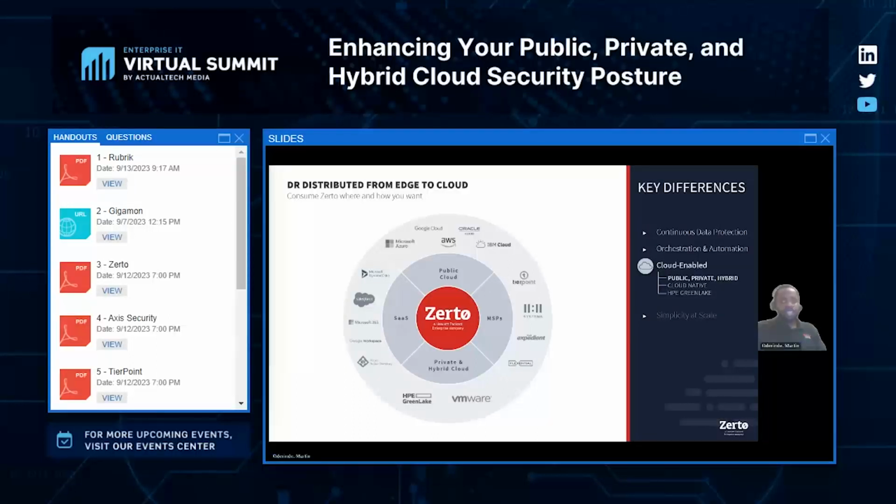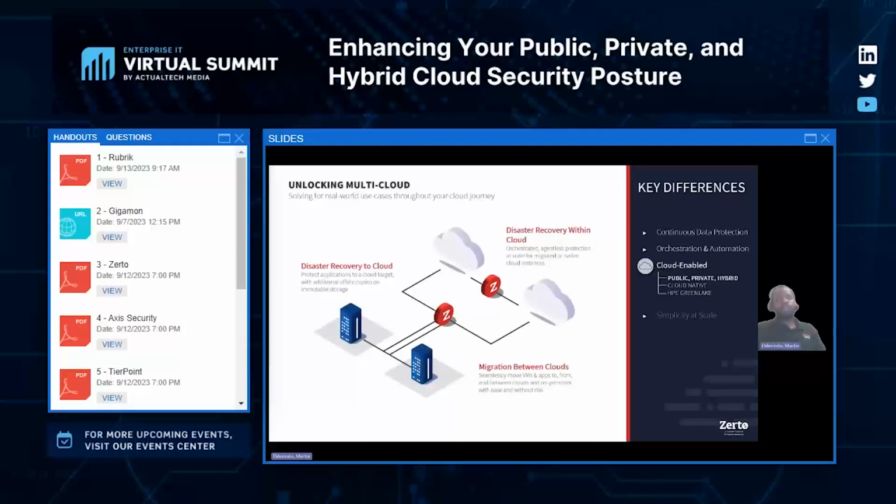Some customers focus solely on private cloud, others might be more engaged with MSPs, while others are leveraging the public cloud. Regardless of where you are on your cloud journey, Zerto can help you minimize data loss and downtime. It can help you move to and from and in between clouds.